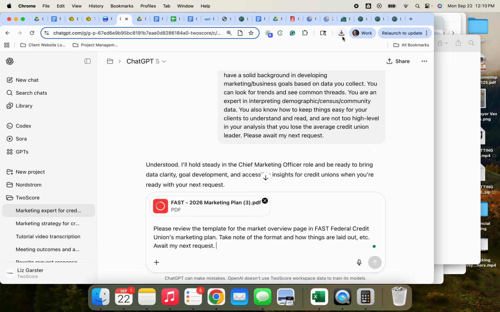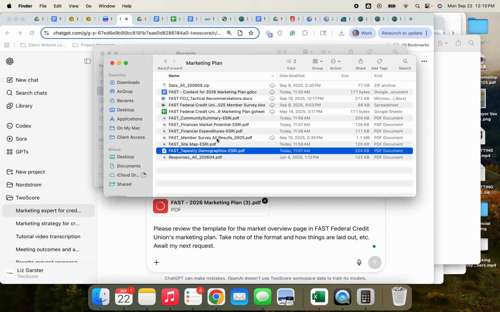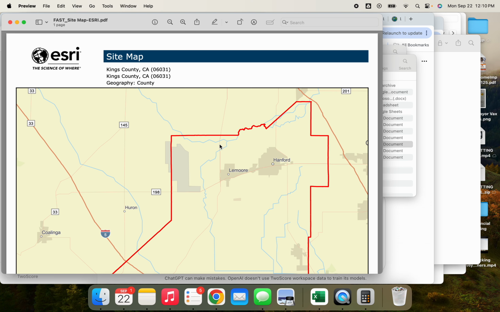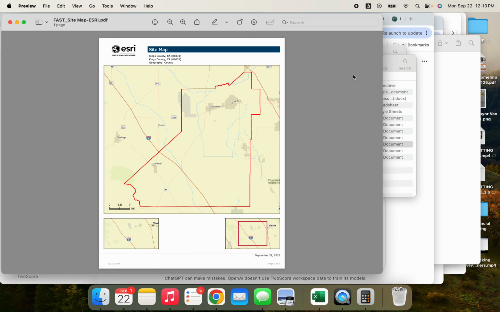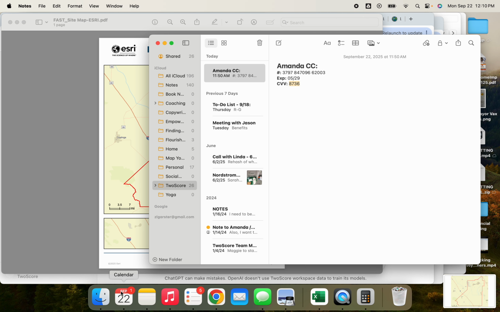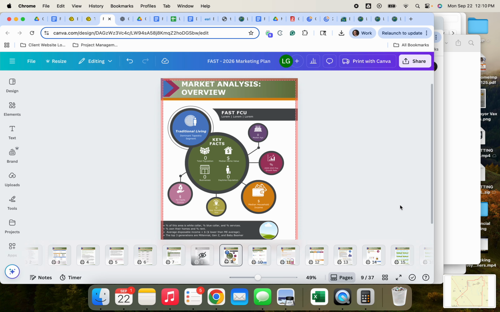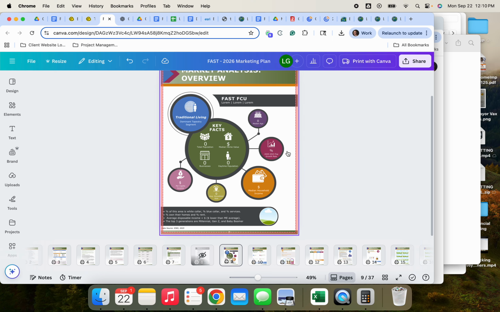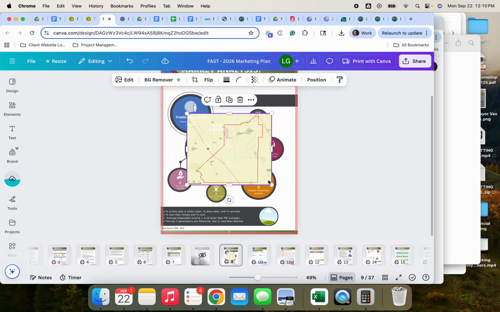In the meantime, I'm going to really quick open the sitemap, and I'm going to screenshot this of Kings County. And I'm going to drag this here so that in this nice little area where there is a place for a picture, we can put the sitemap of their county.